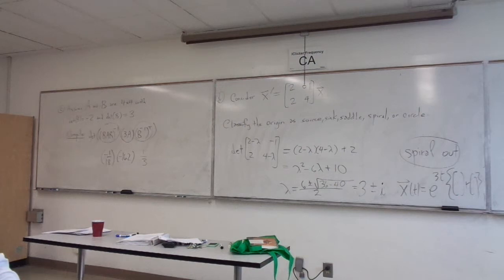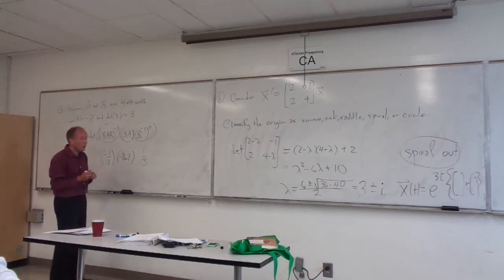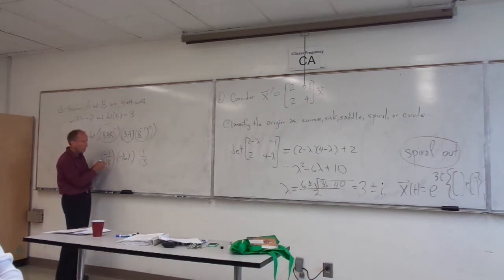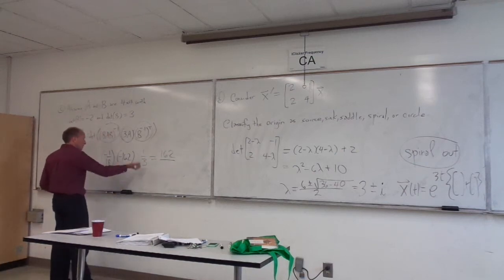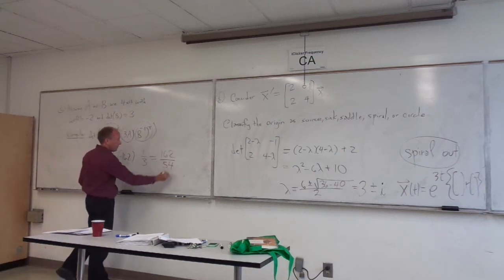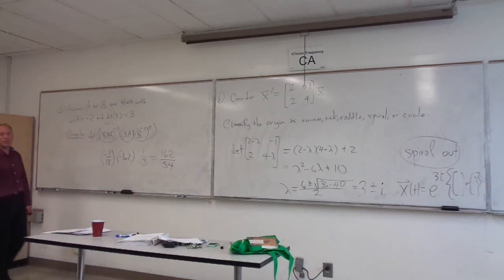Should we put a transpose on that one? You transpose numbers? Transpose only applies to a matrix, right? So definitely don't need it. Yeah, so we'll just leave it like this. Now the 2 minus signs cancel. And I have 162 on the top, and I have 18 times 3, which is 54 on the bottom. So whatever that is, that's the answer.